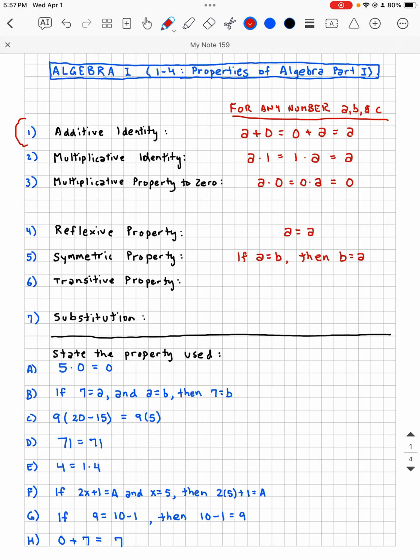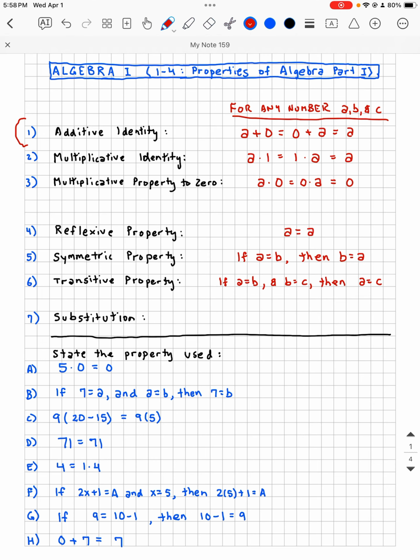You can see there's a flip, and that's why it's symmetric, like a mirror. For the transitive property, it's almost the same idea. If a is equal to b, and b is equal to c, then if you connect them all together, a is equal to c.